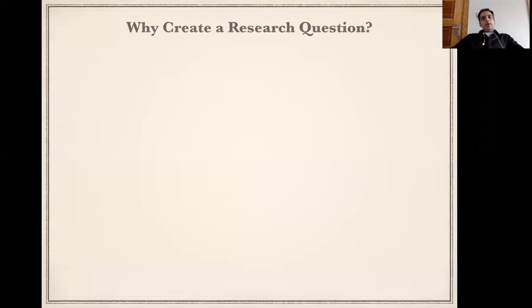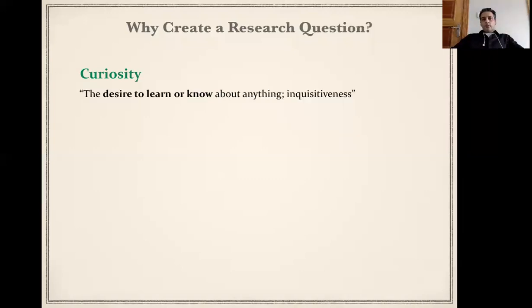Why create a research question? This is something we want to know: why do we want to have a research question? The first thing that comes to me is curiosity. It is the desire to learn or know about anything. So curiosity has to be there.